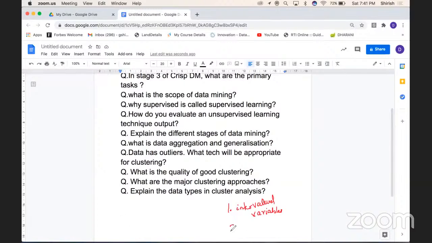Then there's an option that you may have binary variables, then you have nominal variables, and then you have variables of mixed data.